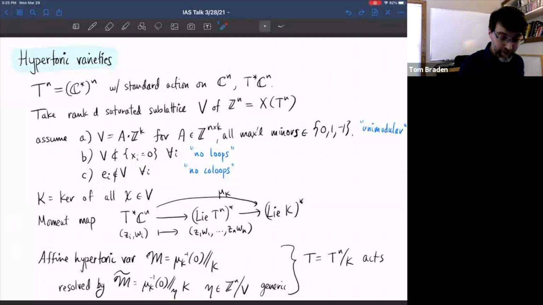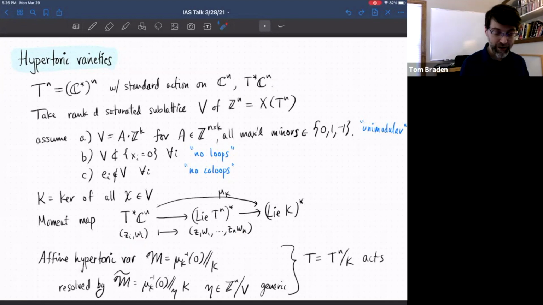Okay, and so the basic construction is you have a moment map of the action of the n-dimensional torus, which takes the cotangent bundle of Cn to, well, basically Cn, which is the dual of the Lie algebra of this torus. And in coordinates, it just takes a 2n-tuple of n zi's and n wi's to z1 w1 up to zn wn.